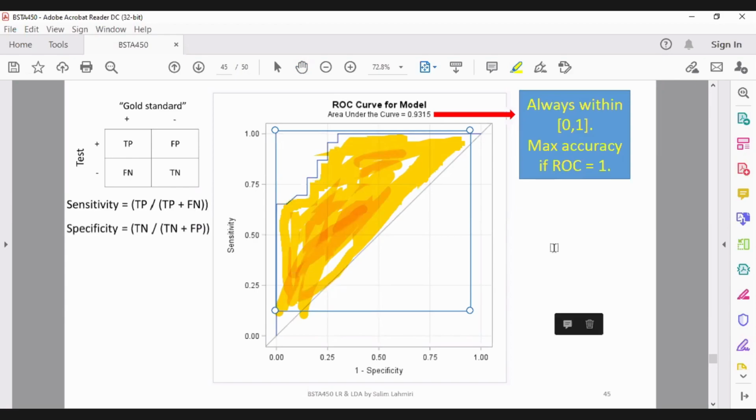So this is the area under the ROC curve. The area under the curve is always between 0 and 1. 0 indicates a very poor model, a bad model, and a value of 1 indicates a perfect model.